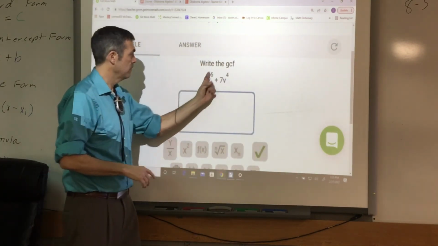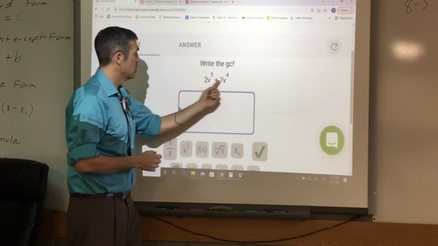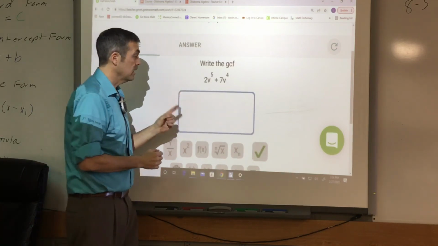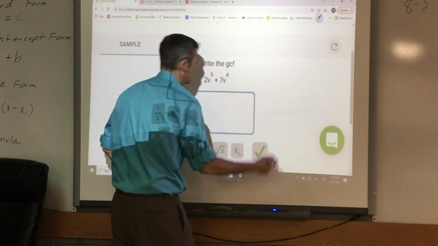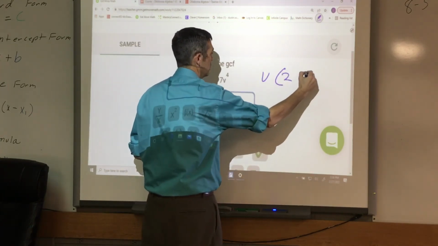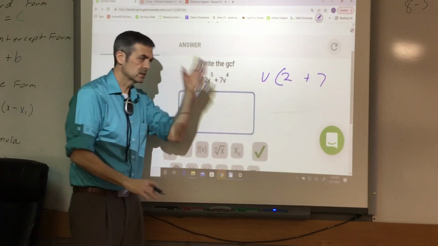Look at this, 2v to the 5th plus 7v to the 4th. Well, there's no coefficient here that I can actually use to pull out, but I can pull out the v. v, parentheses, 2 plus 7. I left the v's off real quick just to see this.